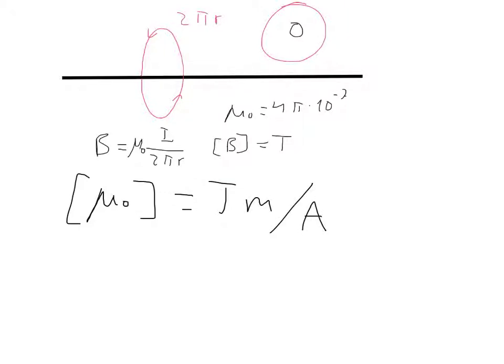And it's really easy to check that this meter cancels with this meter, these amperes cancel with these amperes, and we're left with Teslas, which are the units for the magnetic field.